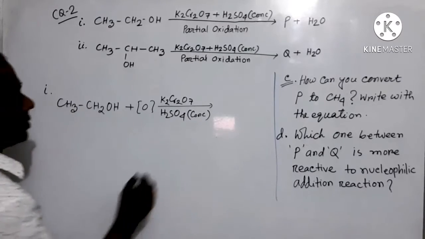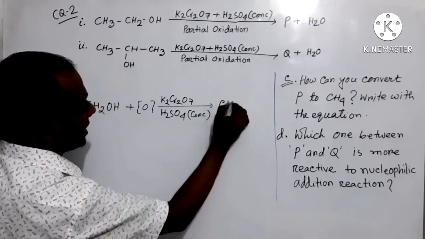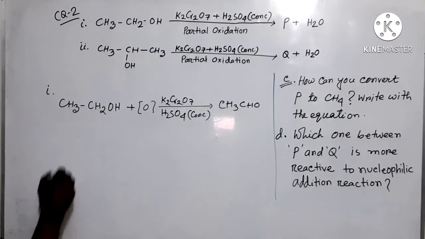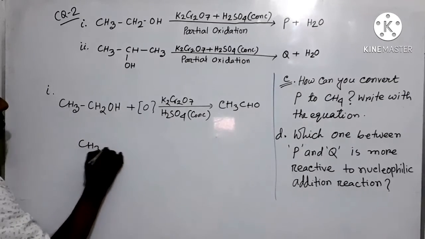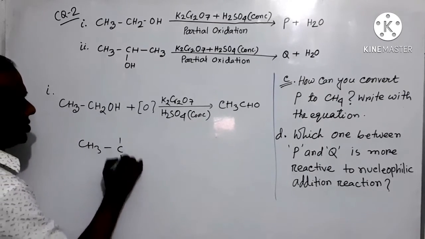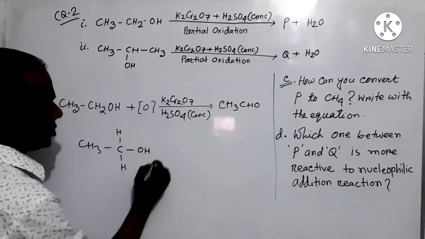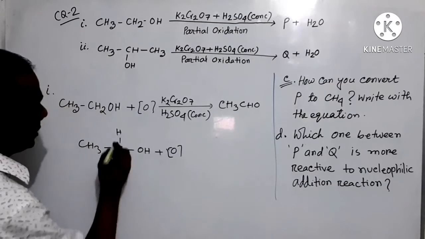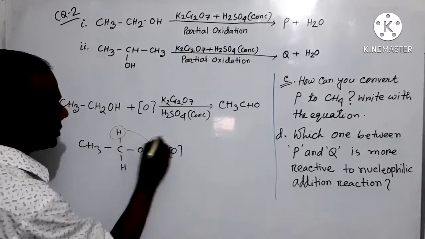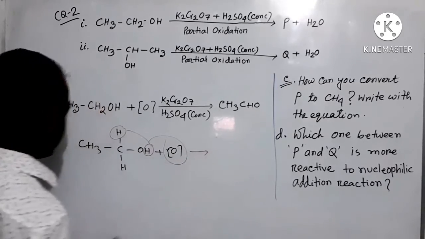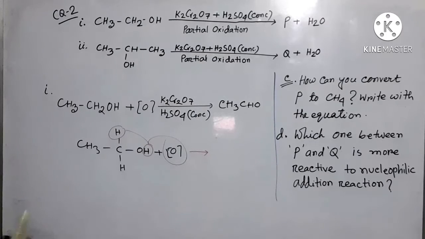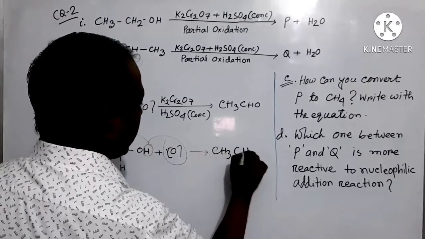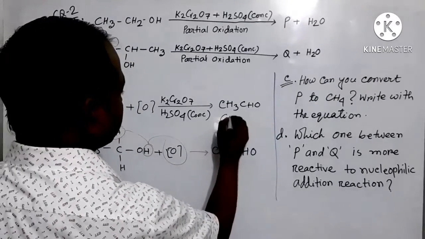In this reaction CH3CH2OH reacts with nascent oxygen, and this hydrogen and this hydrogen react with the nascent oxygen, and we get the compound CH3CHO.